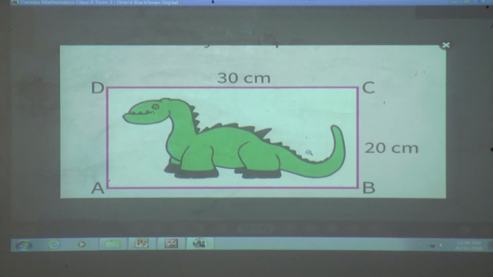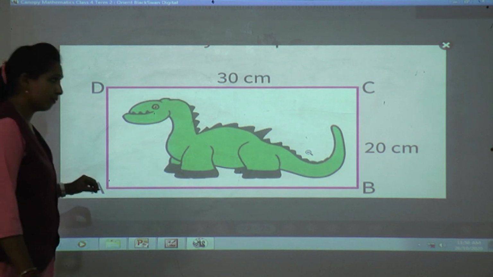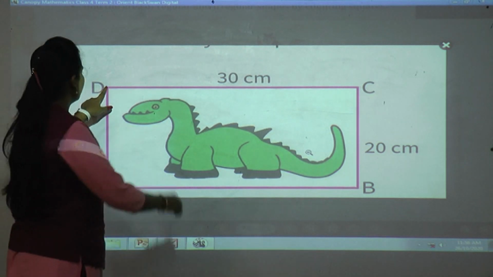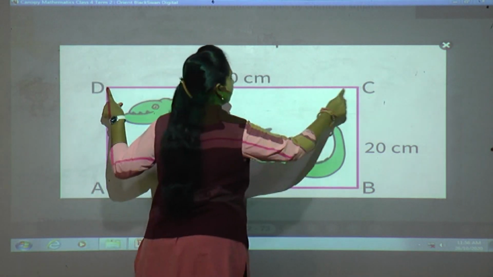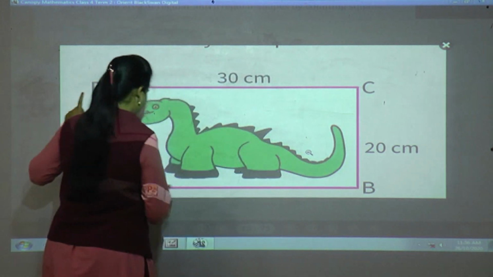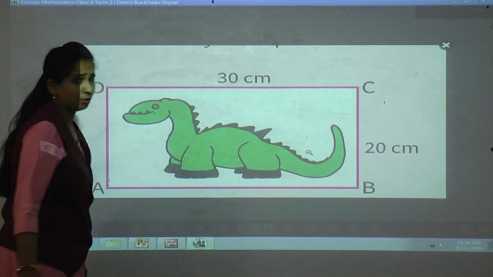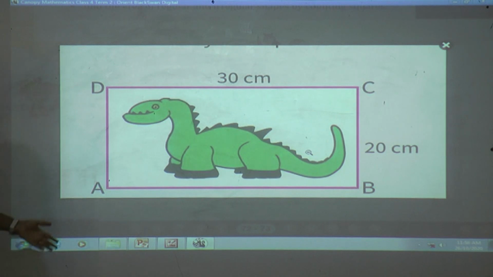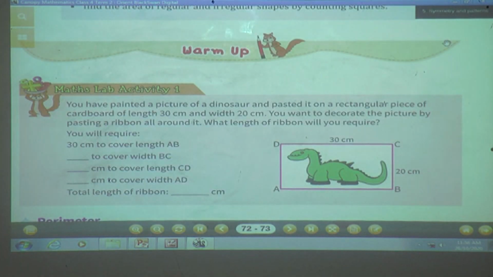You want to decorate this drawing with ribbon, so you want to paste ribbon on all 4 sides. You want to cut the ribbon, or you want to buy the ribbon. So how much ribbon are you going to buy? How will you find out how much ribbon you require? Yes students, how will you find out? That we are going to see.